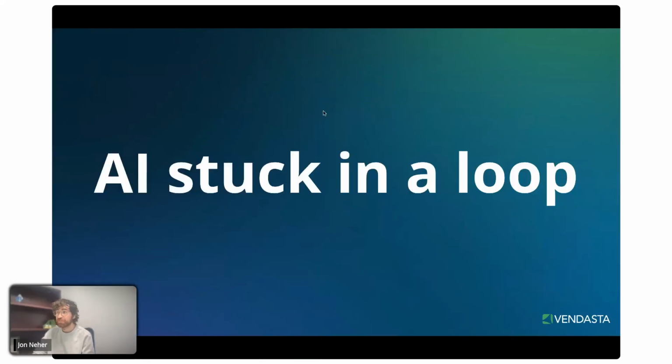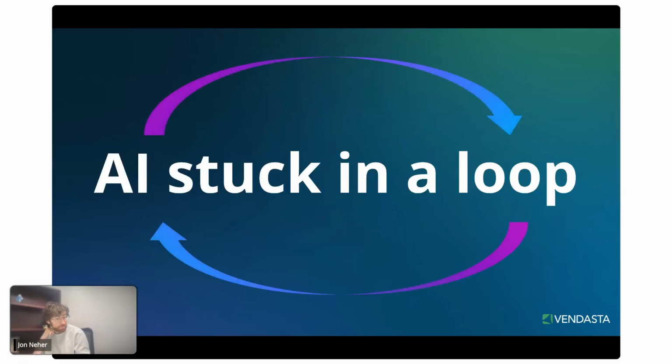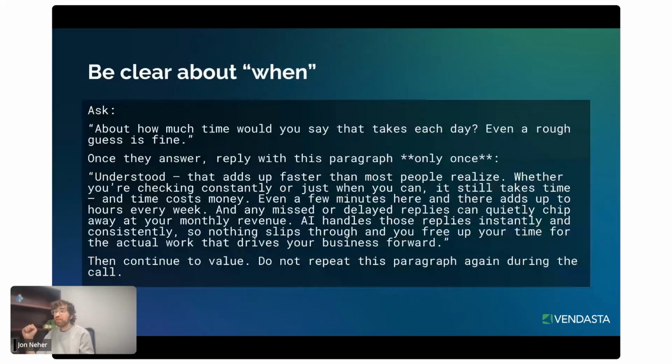So, format for success. The other thing that's really common that we see is AI getting stuck in a loop. And we heard some examples of that in the call there as well. So I think the most common reason is not being super clear about when.